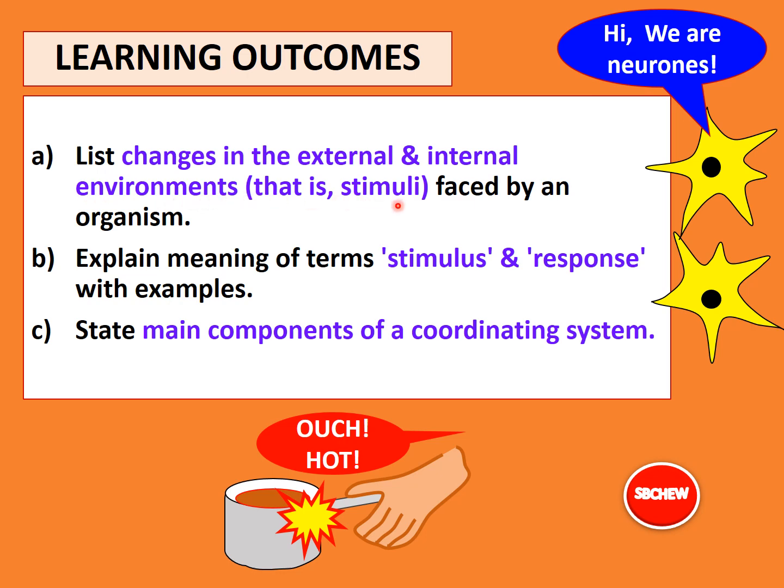So be able to list the stimuli faced by an organism. B, be able to explain the meaning of the terms stimulus, response, and also receptors and effectors by giving examples. And C, be able to state the main components of a coordinating system in the correct order.